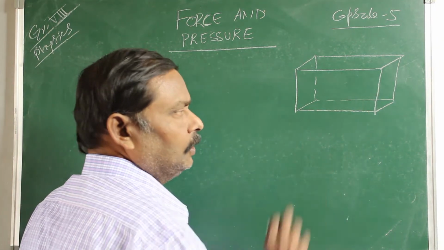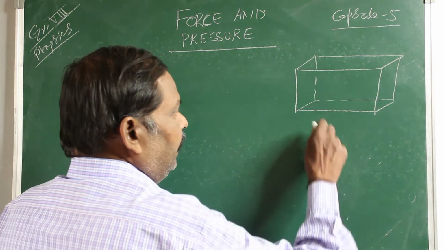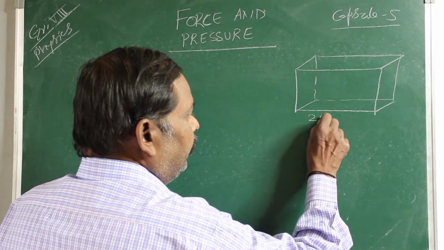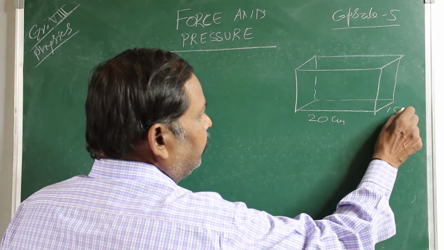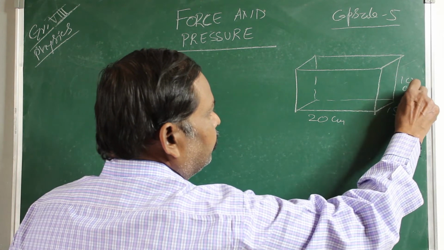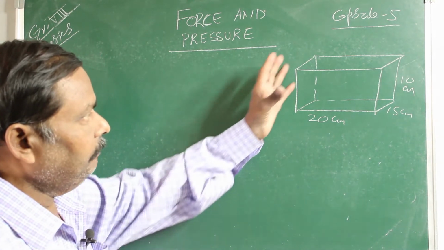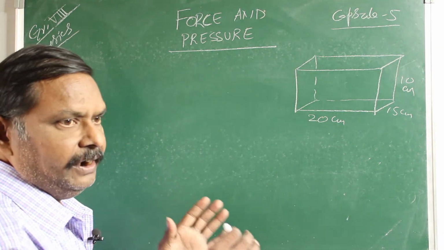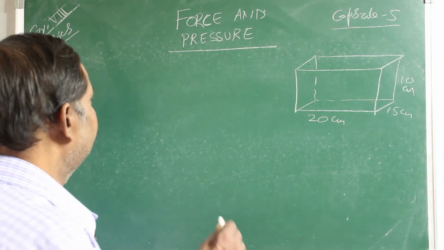This is the cuboidal surface, and 20 centimeters is its length, 15 centimeters is its breadth, 10 centimeters is its height. You can keep this solid object on a surface in 3 different positions.